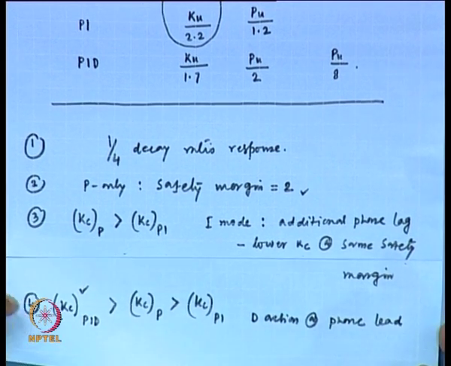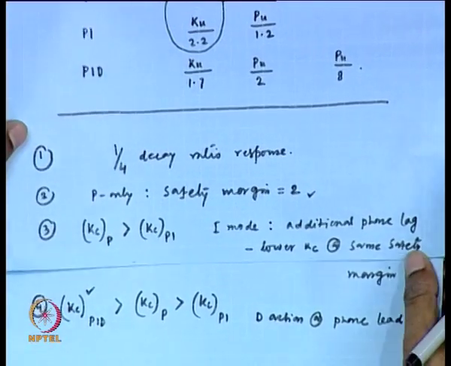Fine. So, these are the steps related to the Ziegler-Nichols technique. Next, we will solve one problem in which we will apply this Ziegler-Nichols technique for finding the tuning parameter values.